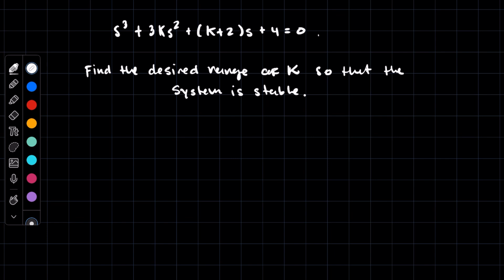Okay, so we've determined what we need out of this problem.